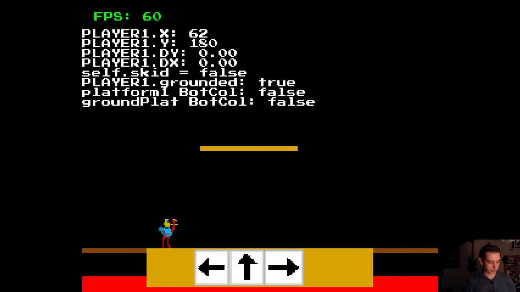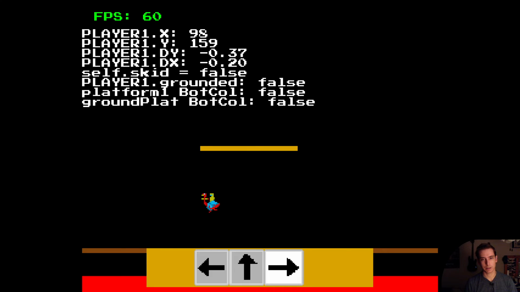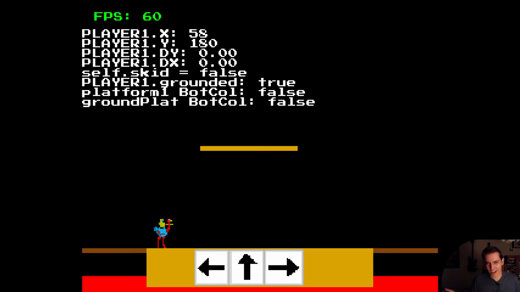So I guess the next question is, do we do anything about this? Watch it teleport. See that? See how jarring that is? I mean, it doesn't look awful, but it is definitely a little distracting. I don't know.